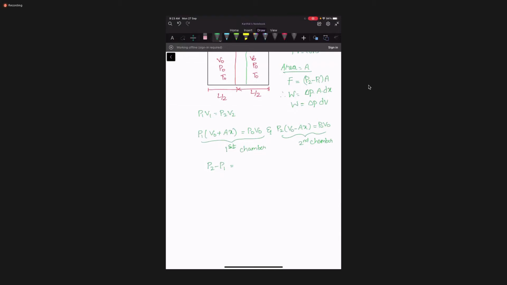P1 V0 plus P1 area into X is equal to P2 V0 minus P2 into area into X. So V0, if I need this, this will go that side. Do a little calculation, tell me P2 minus P1.